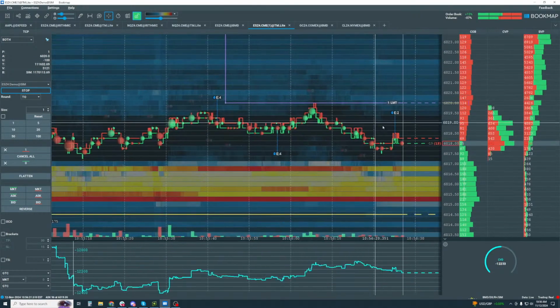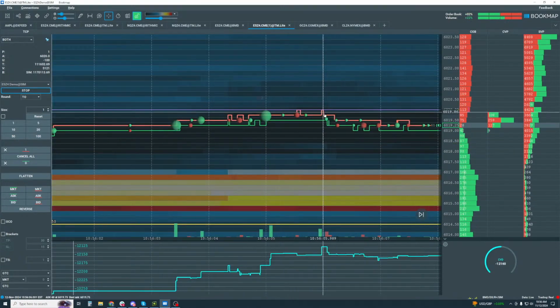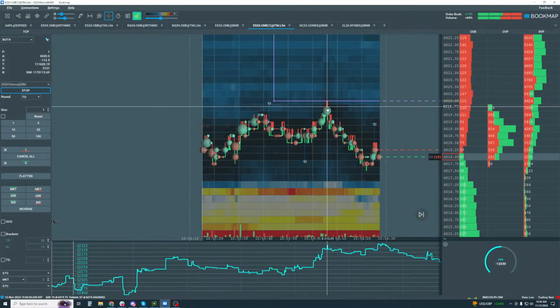Okay, well, the price came up and tested right to the tick, but not a transaction up here. So we're not going to get filled there.